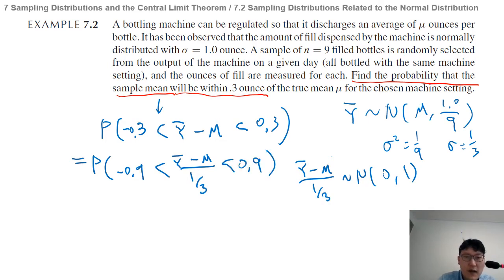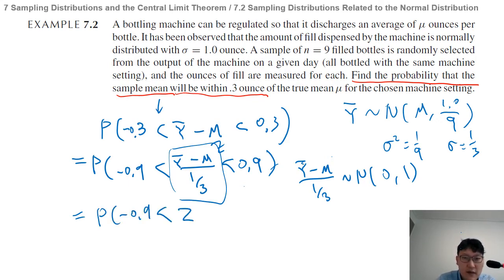This is the standard normal distribution, so we want the probability that a standard normal is between minus 0.9 and 0.9.